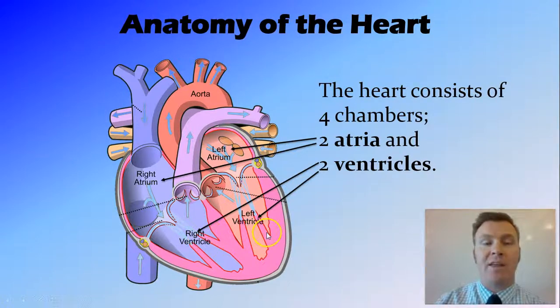Now you'll notice that the left atrium and left ventricle are on the right-hand side in this diagram. This is because when a heart, or a lot of this anatomy stuff, is depicted, it is depicted as if you are looking into somebody else's chest at their heart.